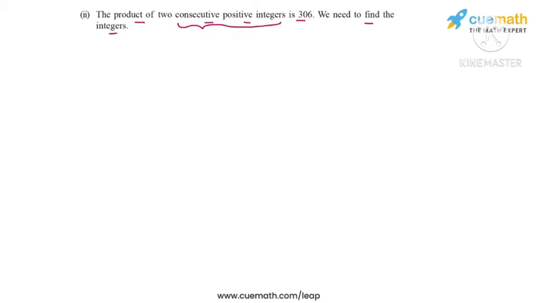So let's say that the smaller of the integers is x. So let's say that the smaller integer is x, then the other integer will be the integer right after this integer. So the larger integer will be x plus 1, and we are told that the product of these two integers is 306, and from here we can make a quadratic equation in x.